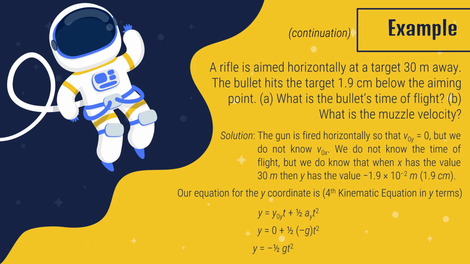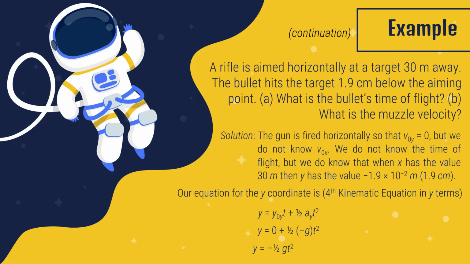The gun is fired horizontally so that the initial velocity in y is 0, but we do not know the initial velocity in x. We do not know the time of flight, but we do know that when x has the value 30 meters, then y has the value of negative 1.9 times 10 to the negative 2 meters, or 1.9 centimeters. Our equation for the y coordinate is the fourth kinematic equation in y terms.